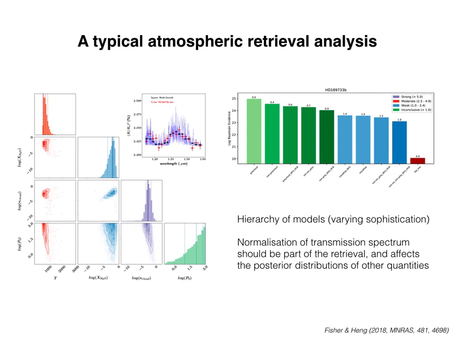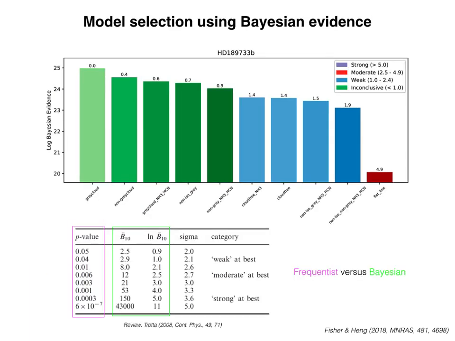Now I would like to talk more about Bayesian model selection. So in this study that one of my PhD students, Chloe Fisher, did, she didn't just fit the data, the transmission spectrum, with the model that we just spent a lot of time talking about. She fitted it with a whole family of models. If I read the models from left to right, there's the model that's isothermal with gray clouds and water only.